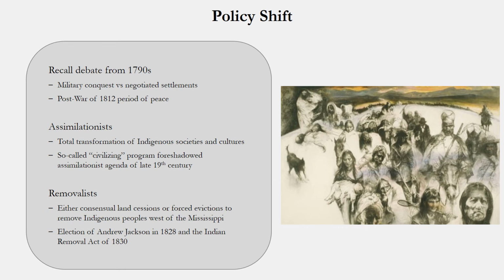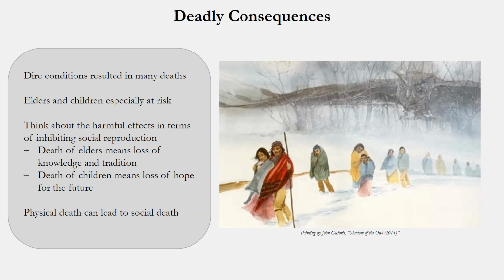Either Indians exchanged their lands east of the Mississippi for equivalent territory in the west, or they would be forcibly removed. Either way, proponents assumed that removal was the only way to ensure settler expansion. Removal was central to the electoral platform of Andrew Jackson, who promptly signed the Indian Removal Act of 1830 into law.